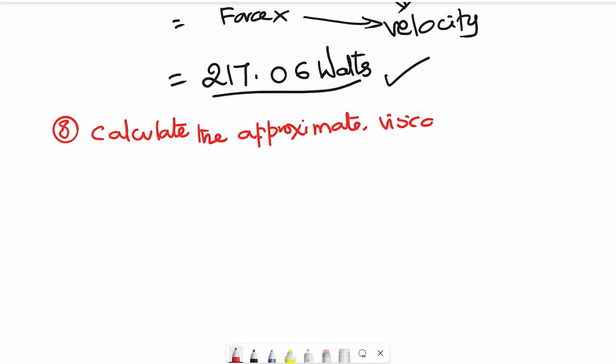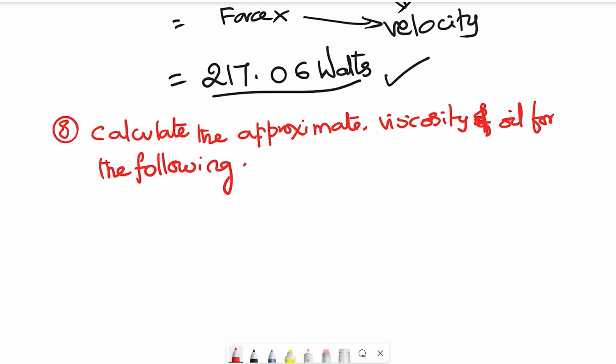viscosity of oil for the following case. Very, very important. So there is a plane like this.